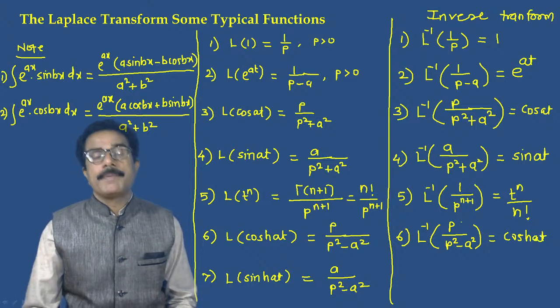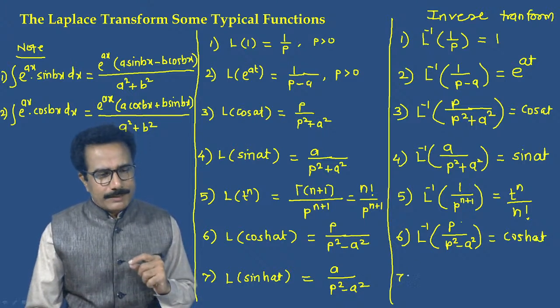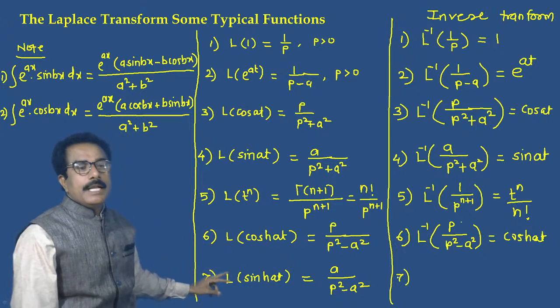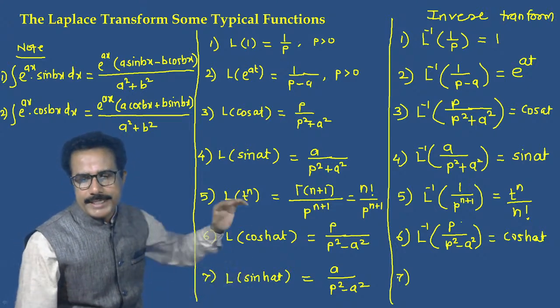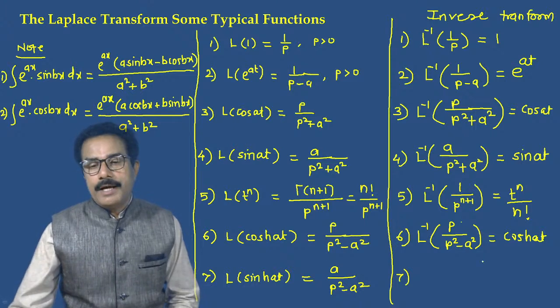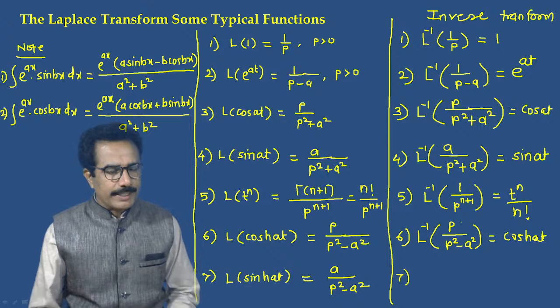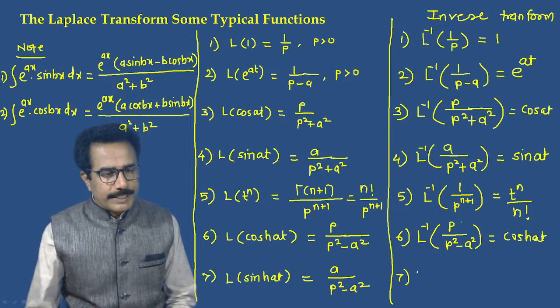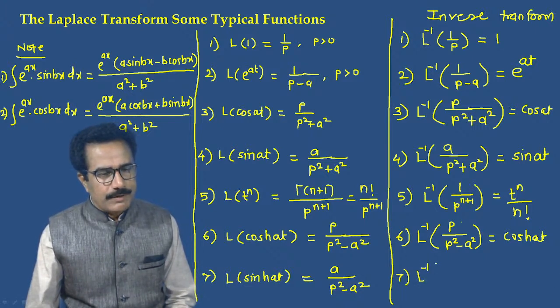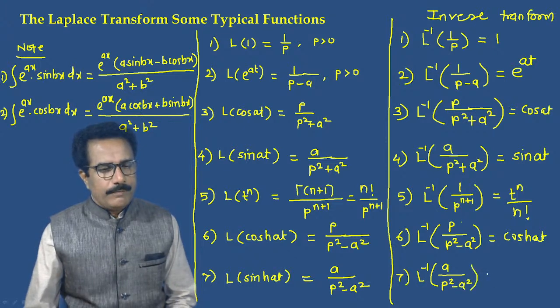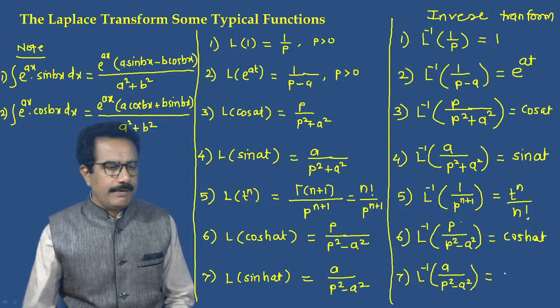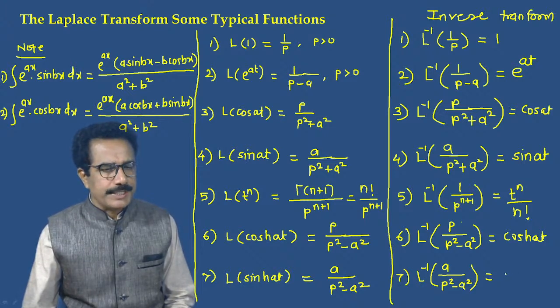Seventh formula, similarly, the inverse of a divided by p square minus a square is sin hyperbolic at.